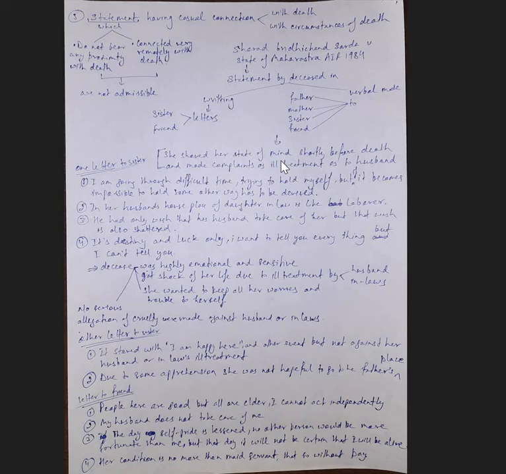She showed her state of mind shortly before death and made a complaint as to ill treatment by her husband and also by the in-laws. So in the first letter which she wrote to her sister, she said, I am going through a difficult time trying to hold myself, but if it becomes impossible to hold, some other way has to be devised.